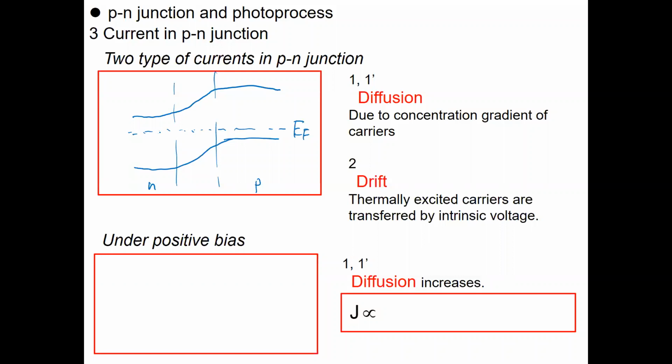The band shifting region is called the depletion region, where the positive charge and the negative charge are accumulated to control the charge compensation.